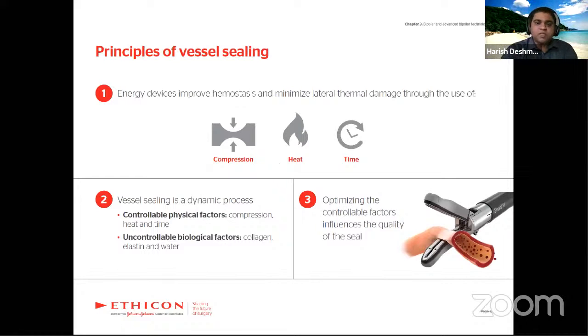In monopolars, we had only heat and time. We didn't have any compression when using a monopolar device. In a bipolar device, we get an additional component of compression, because of which heat is increased and time is reduced.